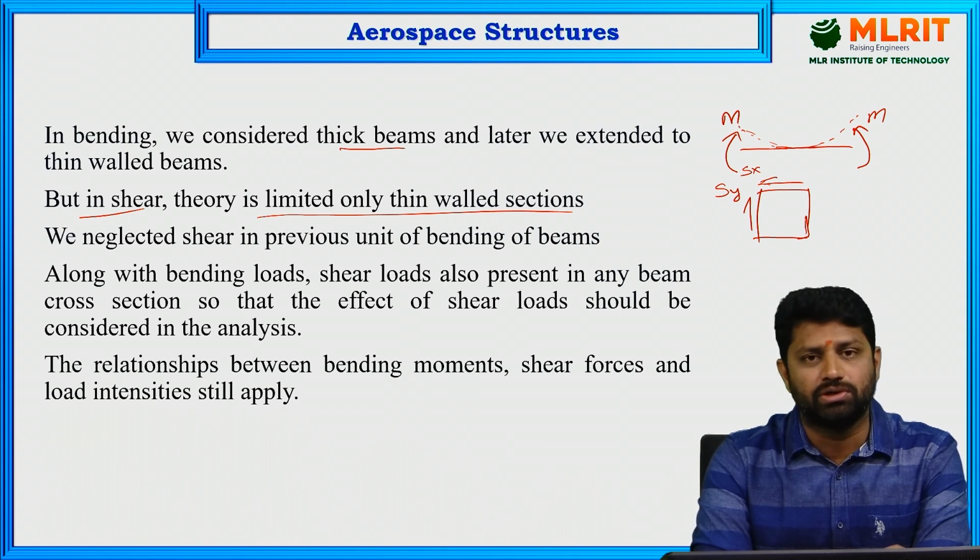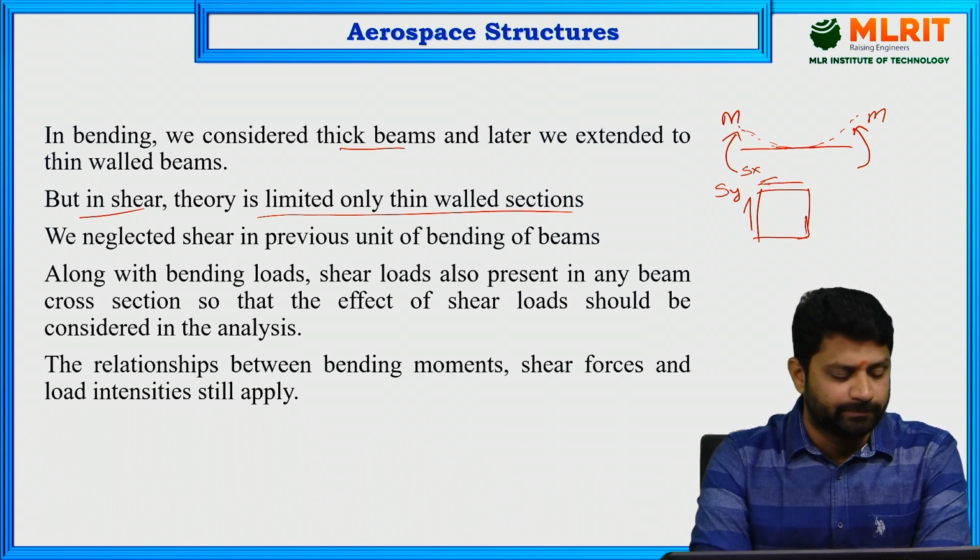Now here we are going to consider the shear load, and along with the bending loads, the shear loads may also be present in any beam cross section, so the effect of the shear load should be considered in the analysis, either to calculate the stress distribution or to calculate the displacement associated with these shear forces.